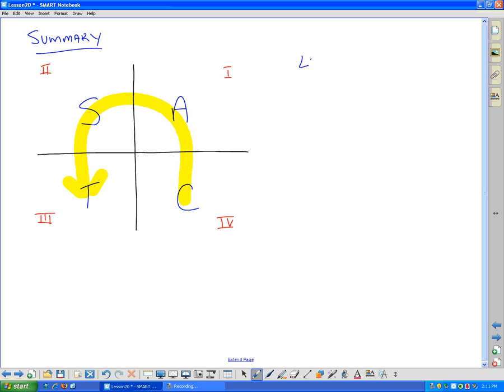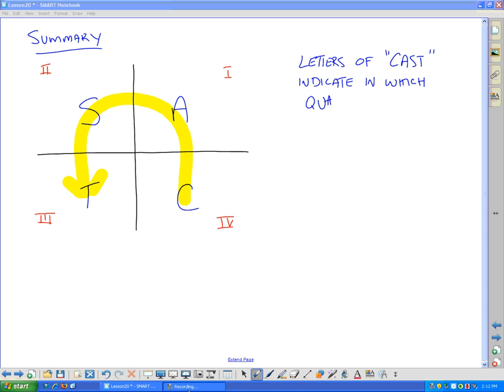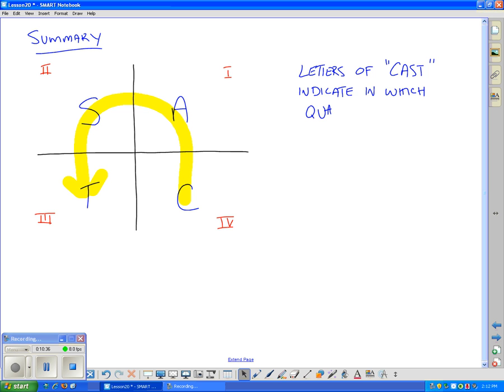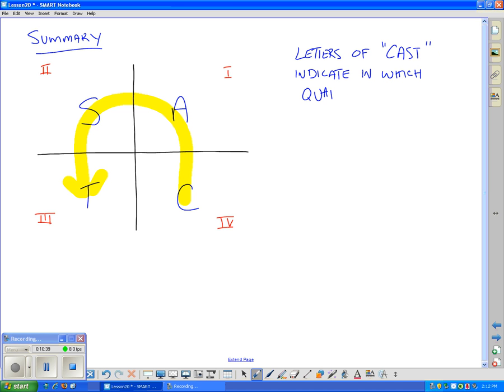So the letters of CAST indicate in which quadrant which trig function will be positive.